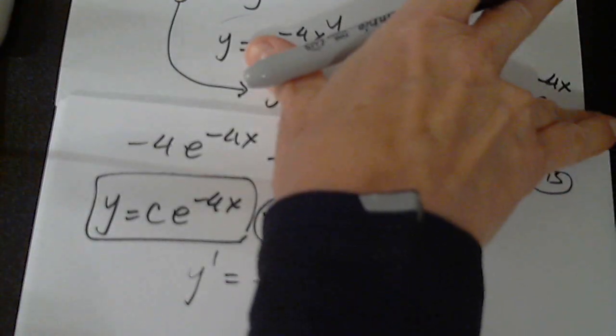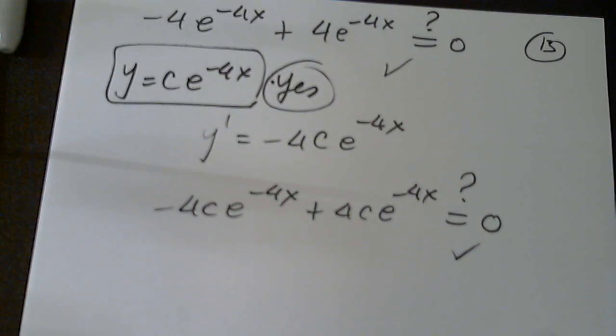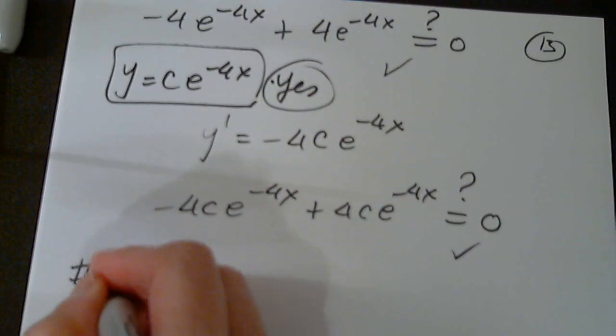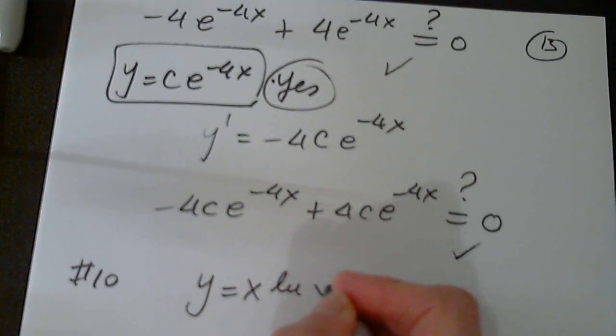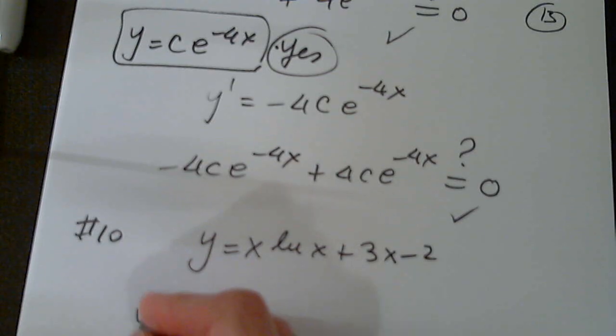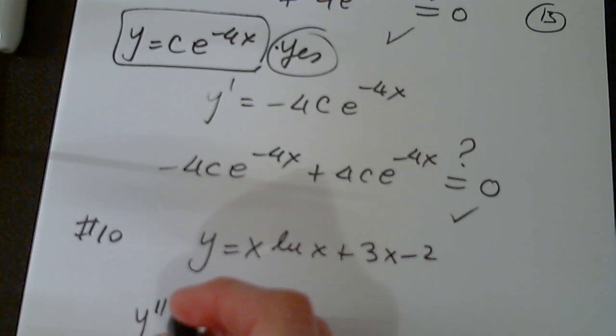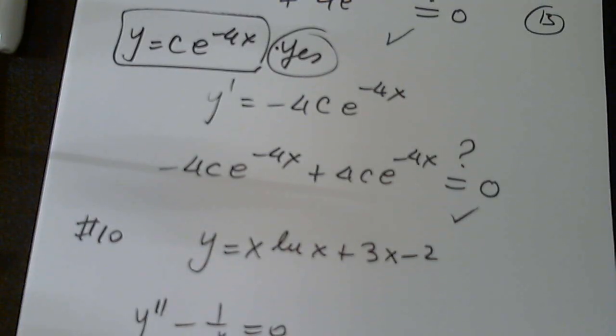Yes. I was just looking at 9. 10 is good too. In 10 we have y equals x natural log x plus 3x minus 2. And the differential equation is the second derivative of y minus 1 over x equals 0.